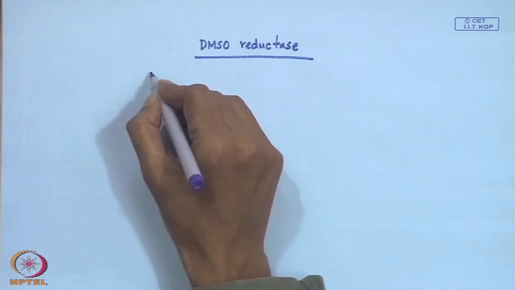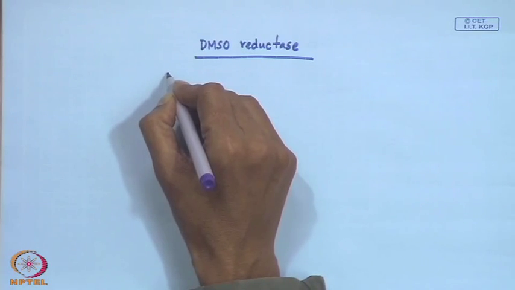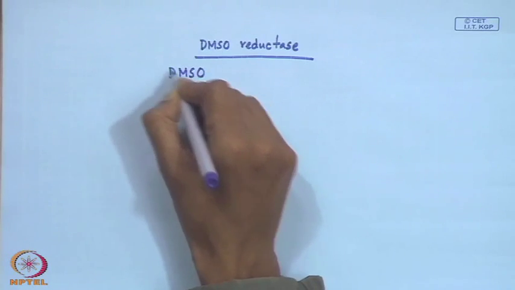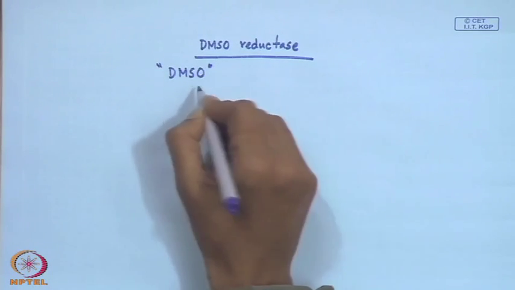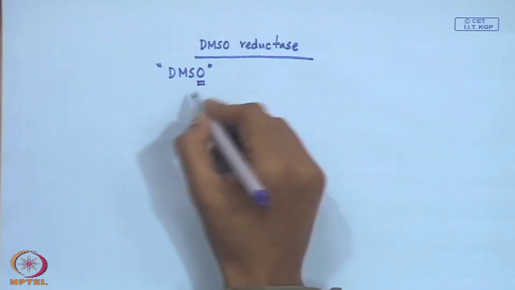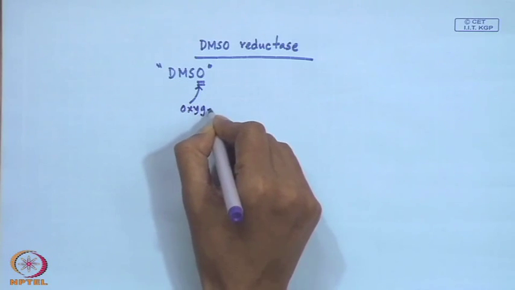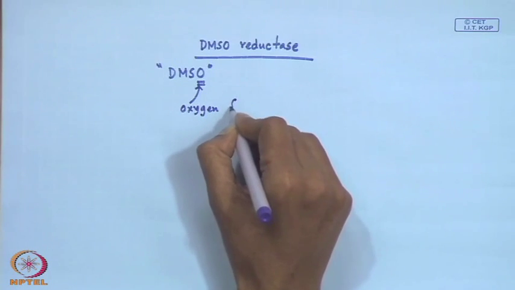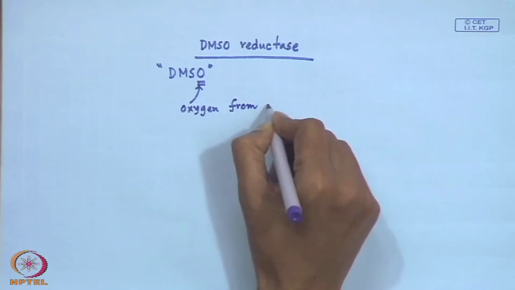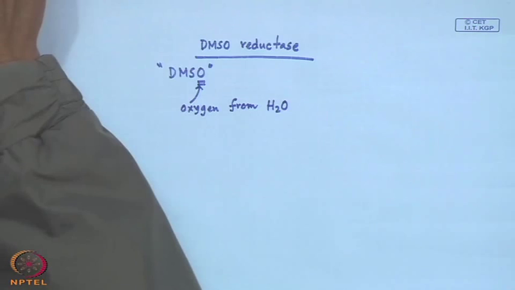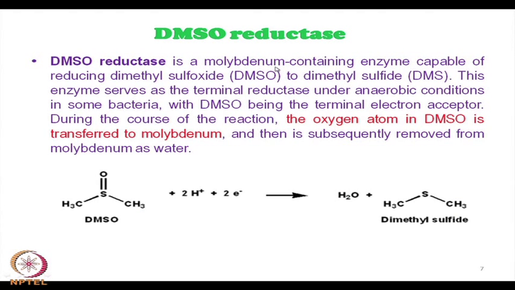In this DMSO reductase, how do we get the formation of the DMSO molecule through the supply of oxygen from basically the water molecule? Again, it is a molybdenum-containing enzyme capable of reducing dimethyl sulfoxide.